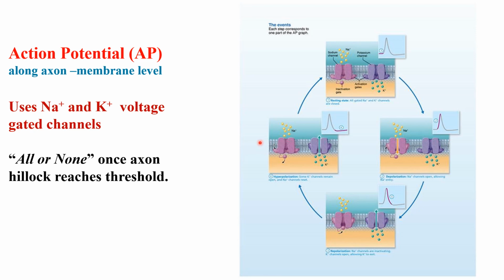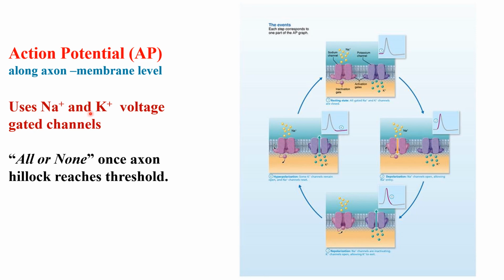And then there's this point where we have to reset the channels. In fact, we fall so fast, so quickly, we actually get to minus 75, minus 80 millivolts. We are hyperpolarized. And it's during that hyperpolarization that we reset these channels back to their original configurations, get them ready to fire off again.